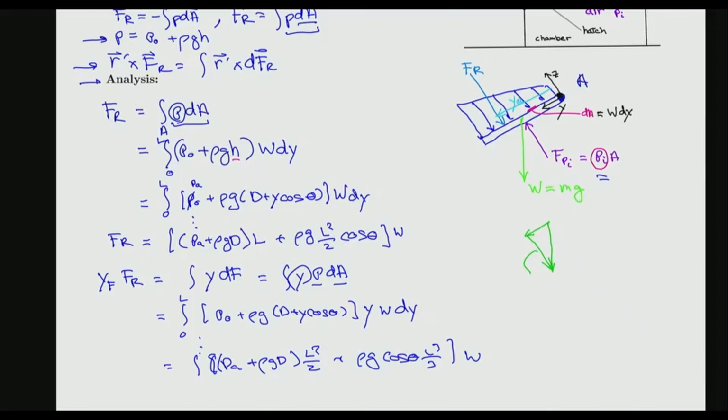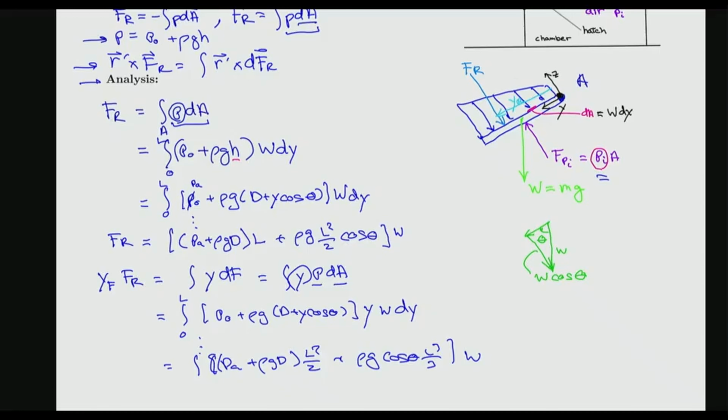If this is the angle theta, then this would be W cos theta, again acting with a moment arm of L over 2. So this L over 2 times this component of the weight would cause a moment, clockwise. No, counterclockwise, the same direction as our resultant force.